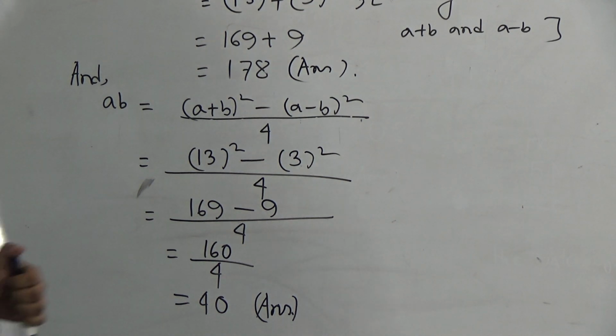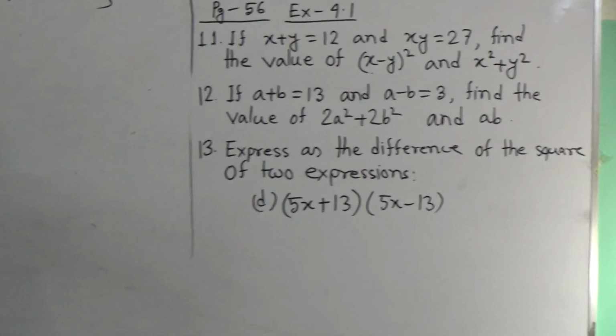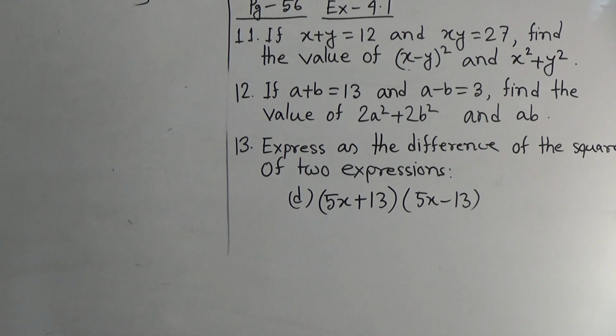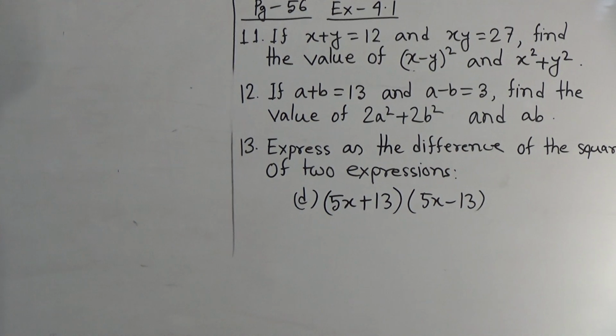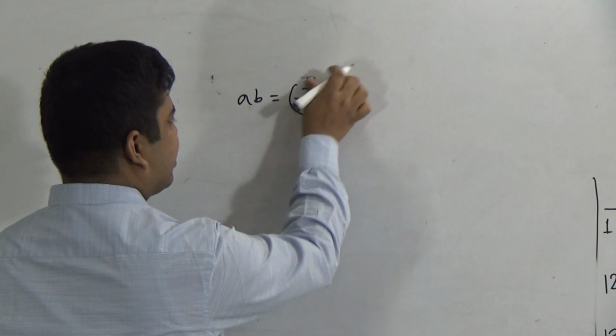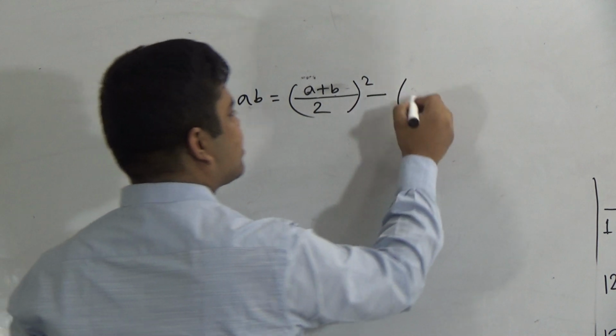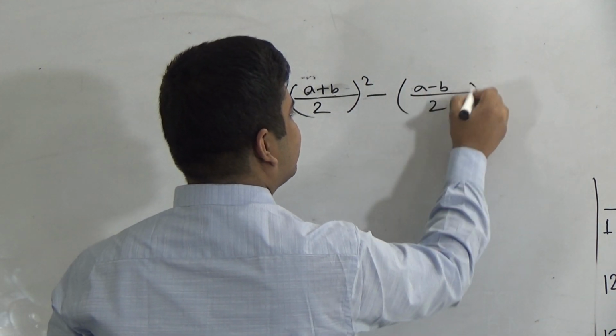Question number 13: express as the difference of the squares of two expressions. In order to solve that question we erase this. My dear student, do you know this formula? ab equal to a plus b by 2 whole square minus a minus b by 2 whole square.